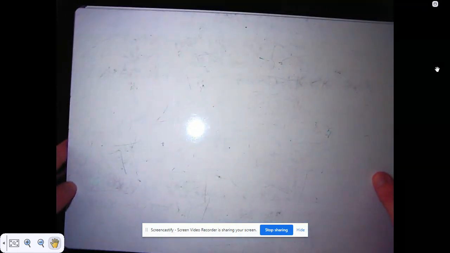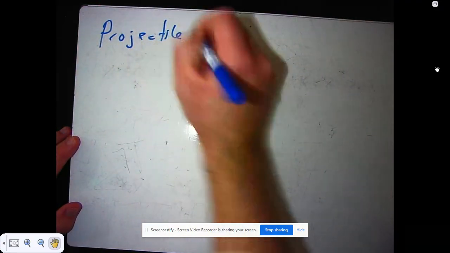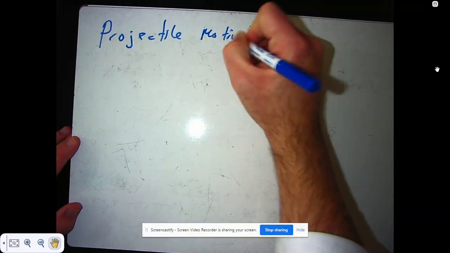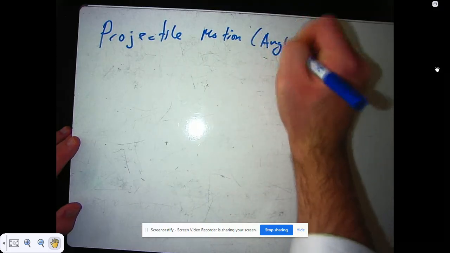Projectile motion. Step 1 in projectile motion problems. When I say projectile motion, these are typically things that are at an angle flying.